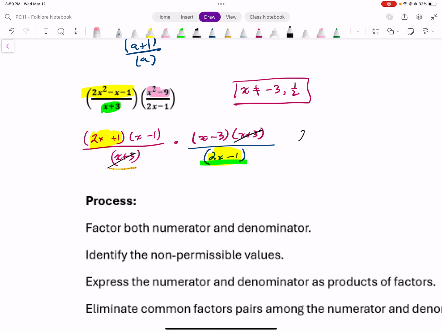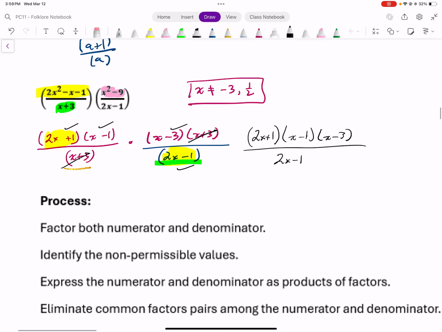So I'm left with 2x plus 1, and I keep the factor of x minus 1. We still have a factor of x minus 3. And then in the denominator, I have a factor of 2x minus 1. And keep in mind that my non-permissible values are still going to be x cannot be equal to negative 3, comma, 1/2.